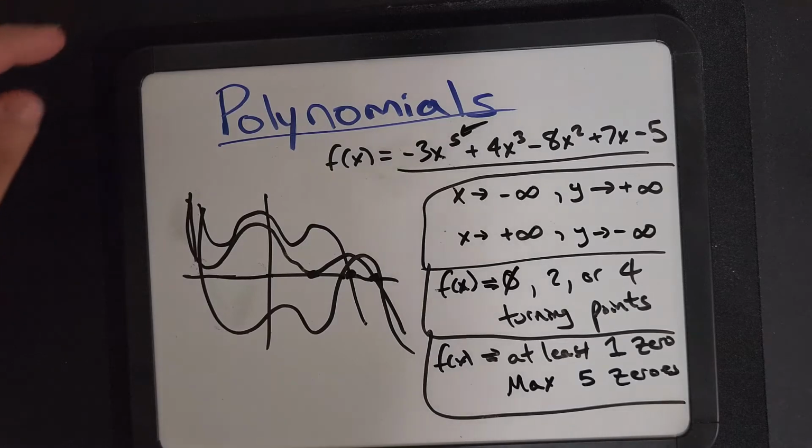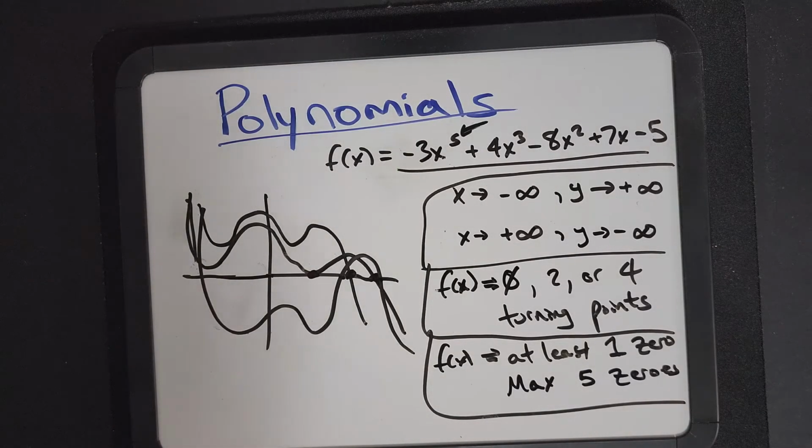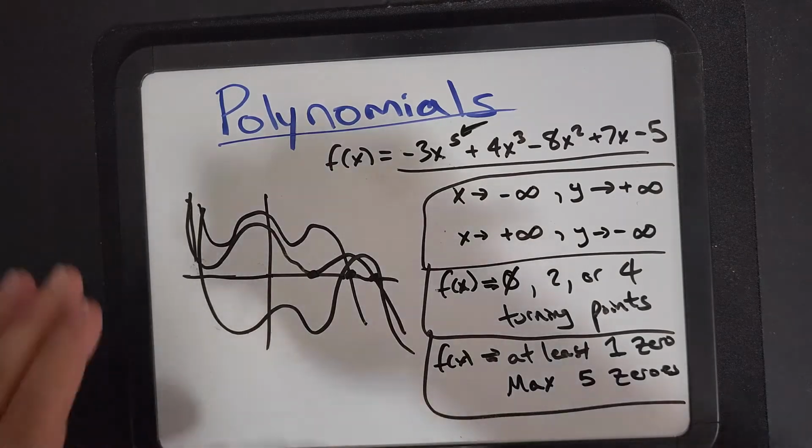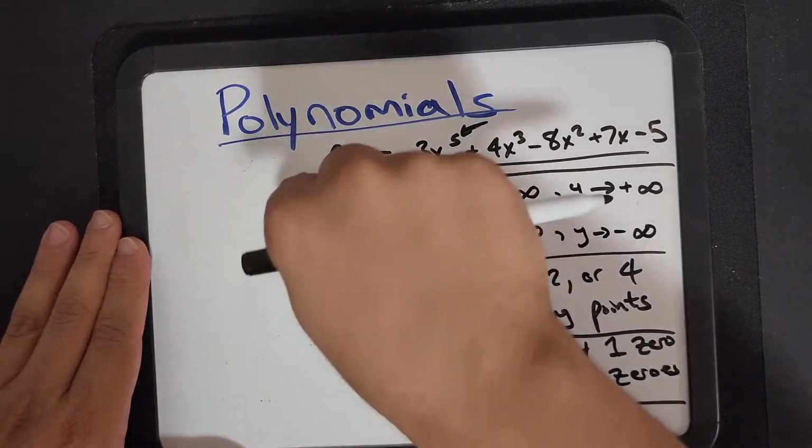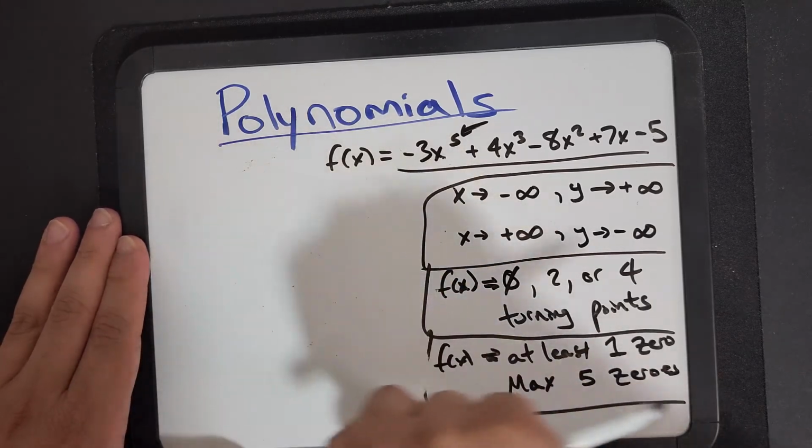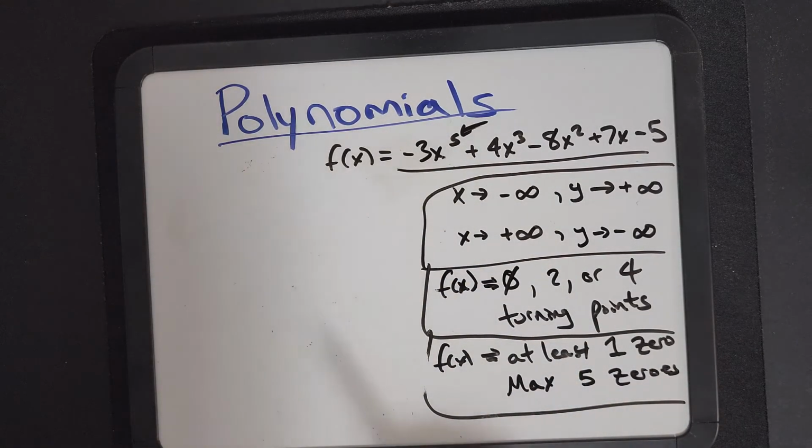You get the point. Basically, I'm saying it can have zeros. So that is a few characteristics to look at when trying to understand the behavior of a polynomial.